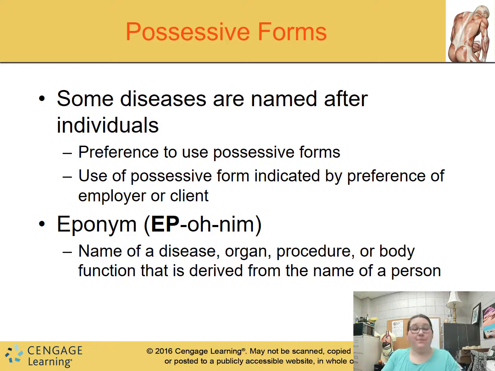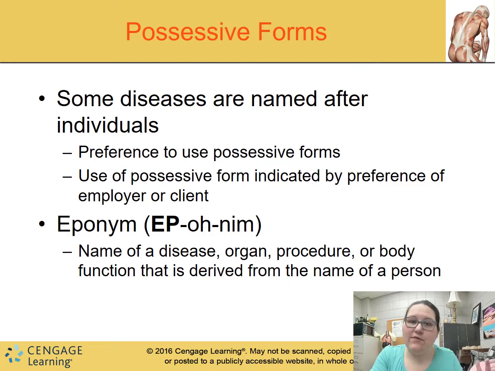Okay, eponym. Eponyms are important because we have many of those in medical terminology. Eponym is a name of a disease, organ, procedure, or body function that is derived from the name of a person. Now, this person can either be the one who has discovered it, or it can be the one who first had it. Sometimes it can be the person who maybe augmented the first discovery of it.